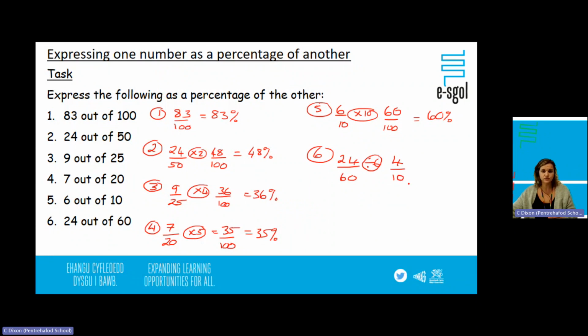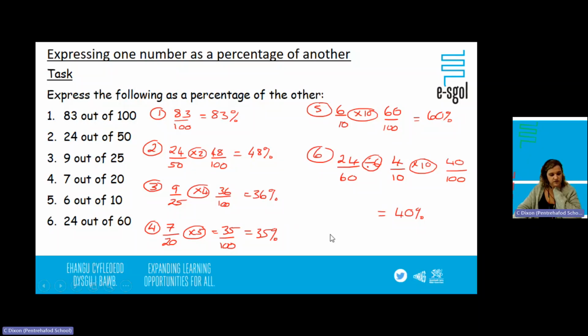Now I still haven't got to 100, but I know I can build back up. So I could times by 10 now to get 40 out of 100. And then I have my answer. So potentially you might have to simplify a fraction before you can get it to be equivalent to 100.